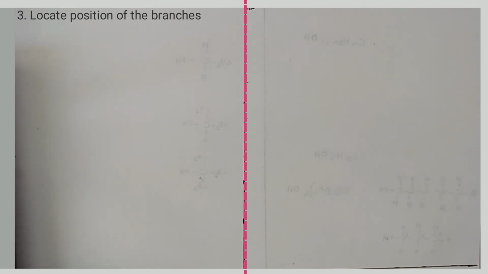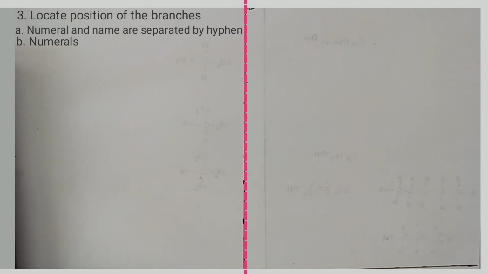Note that between a name and a numeral, you separate by a hyphen. Between numerals, you separate by a comma. For more than one similar branch, use di for 2, tri for 3, tetra for 4. For more than one different branch, name them alphabetically. Lastly, do not use capital letters between names.